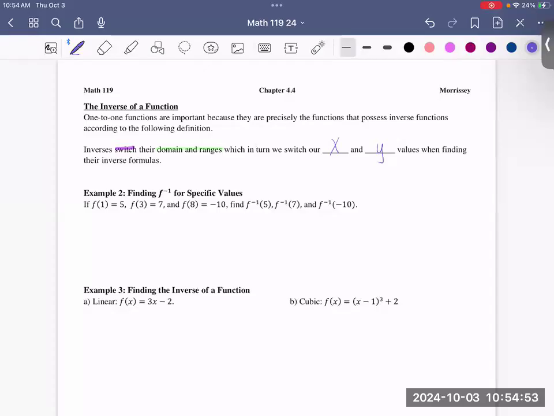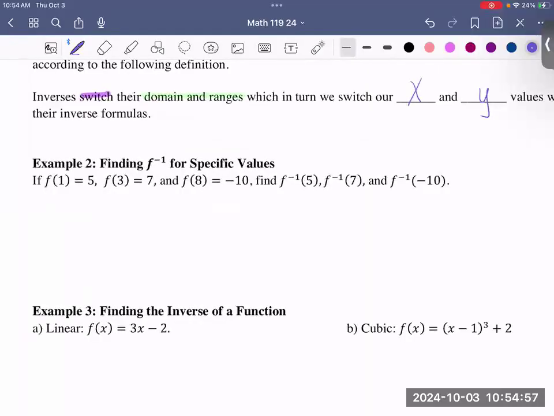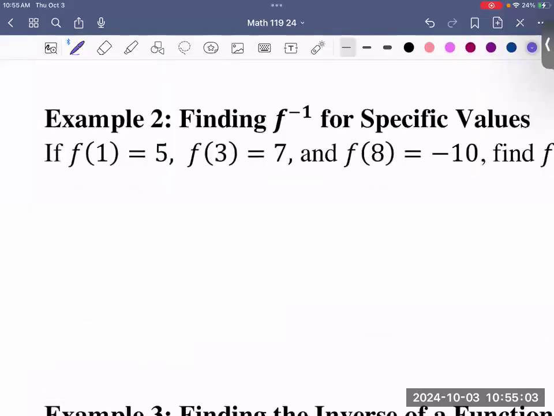So for example 2, right, this one is expressed not so much in a chart, but if wanted to, I'll show you how to read your chart. But this just says, if we enter in a 1 into your function, you will get out a 5. So this being a coordinate 1, 5, and another being a coordinate 3, 7, and 8, -10.